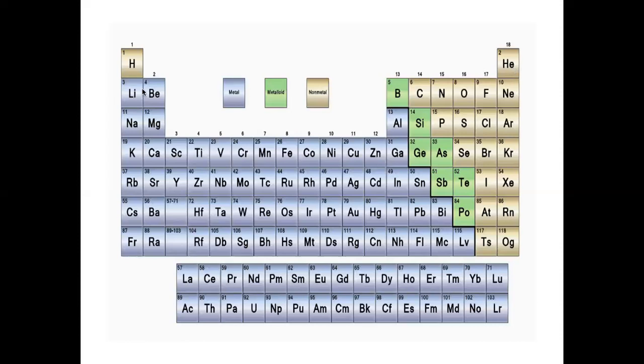And that is true of all of these in group 1. Sodium will form a +1 cation, and if it loses that electron, it's going to now have the electron configuration of neon, which will make it stable and look like a noble gas.